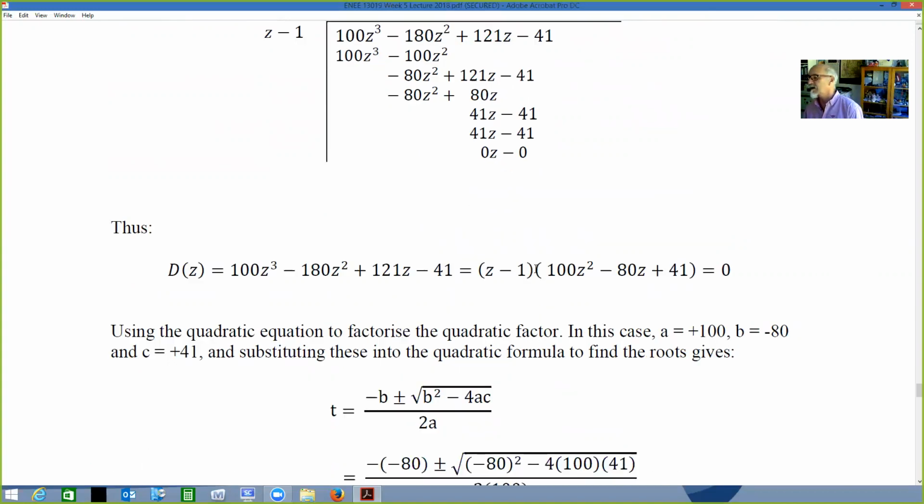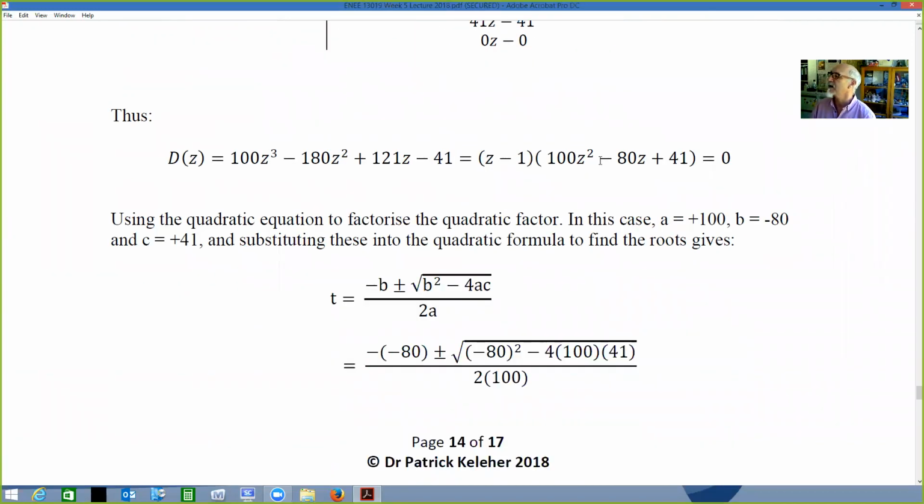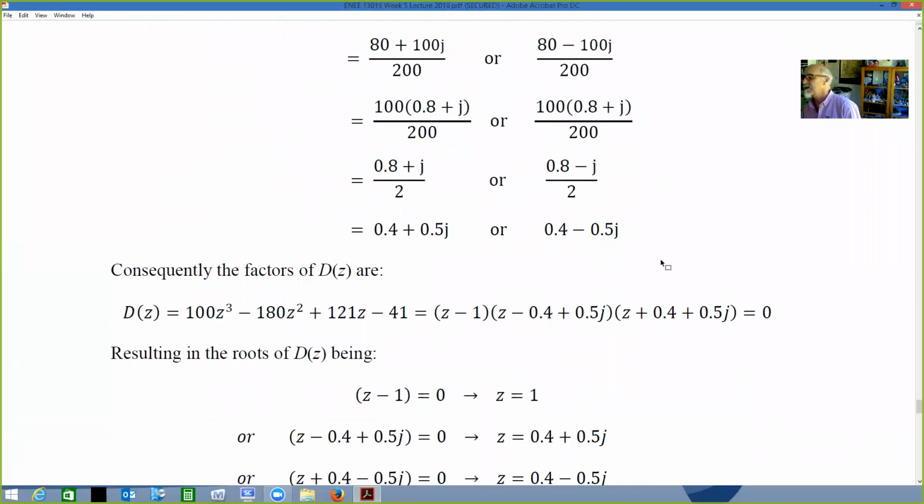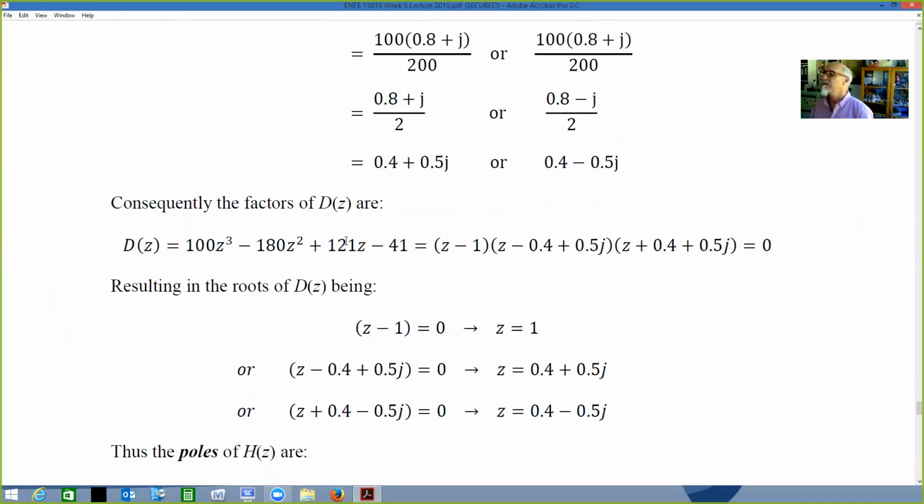Now, I've already got one factor, z minus 1, so I can use the quadratic equation on the quadratic here and find my second factor. In this case, as you can see, there are two roots, and they are complex. So consequently, the factors of my denominator, as a third order, turn out to be 3 factors.